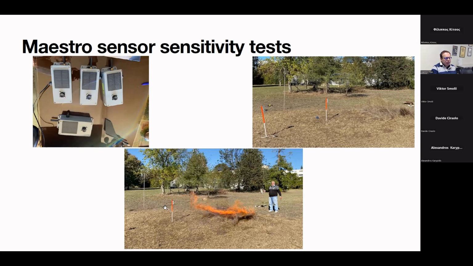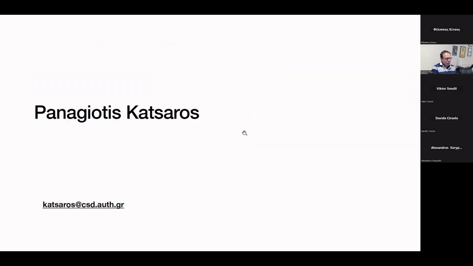These were the experiments that we made in order to study the sensitivity of the different sensors. These were the first experiments on sensor sensitivity, and we have replaced the flame sensor with the smoke detector sensor, and we're going to repeat the experiments in the field. So this is the end of my presentation. I'm available for questions, if you have any.